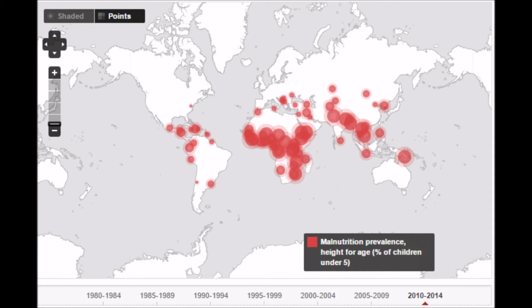As you can see, the red circles are gathered in middle and southern Africa, southern and western Asia, and a couple of Latin American countries. Countries located in this region tend to have low GDP, low income, and much poverty. Therefore, we can conclude that countries with a lot of malnutrition prevalence are mostly poor.